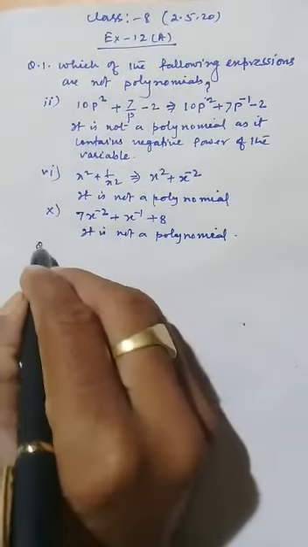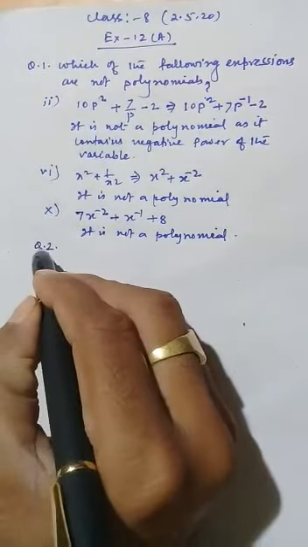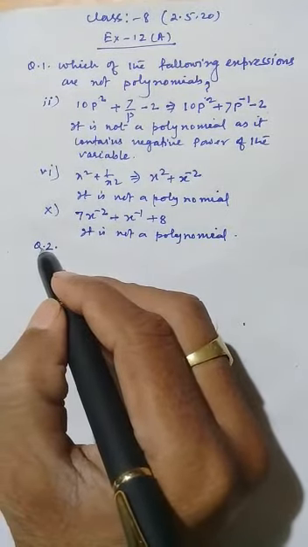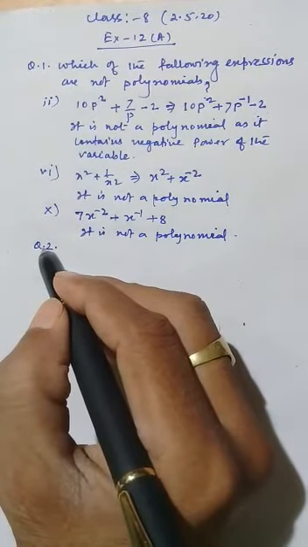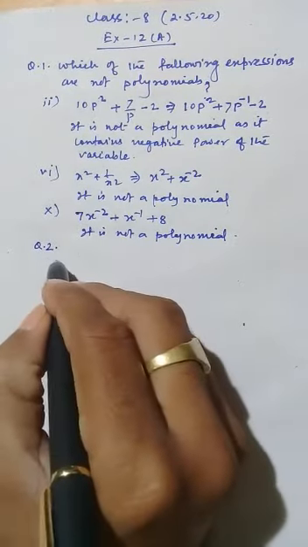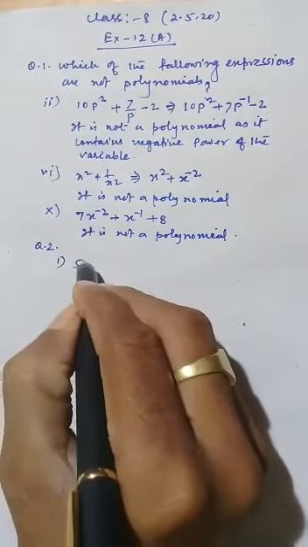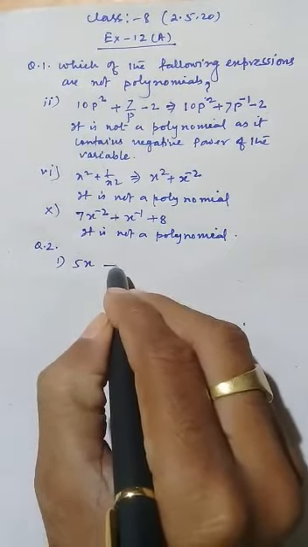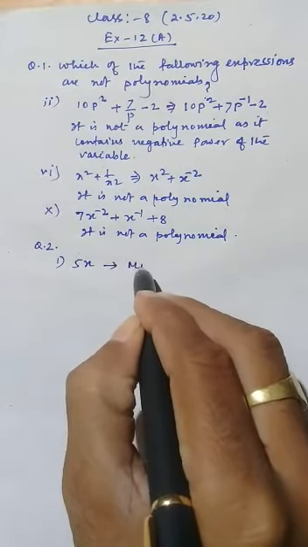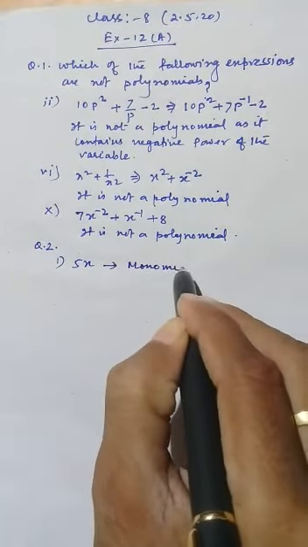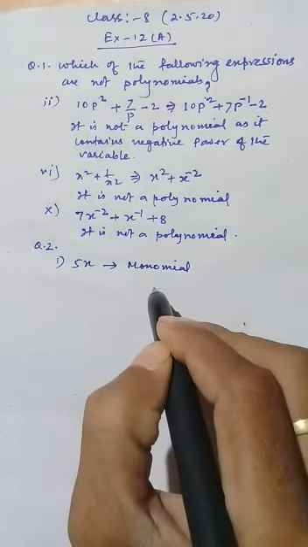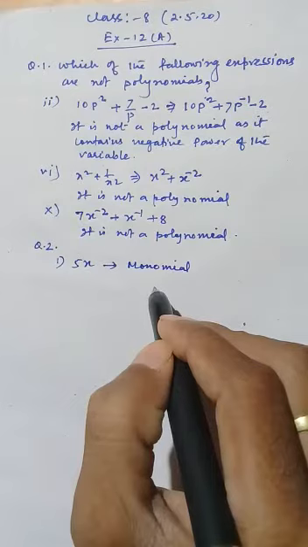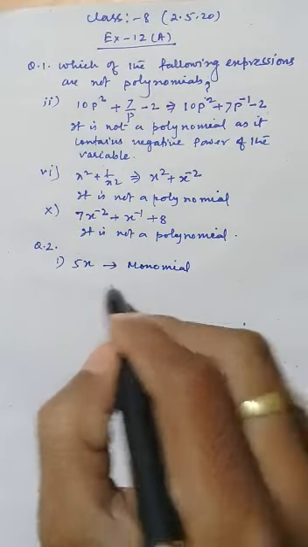Next, question number 2. Write monomials, binomials, trinomials or polynomials to classify each polynomial and state their degrees. First part I am doing 5x. How many terms we have here? One term. So it will be monomial. As I explained in my last video, if there is one term, that algebraic expression is a monomial.